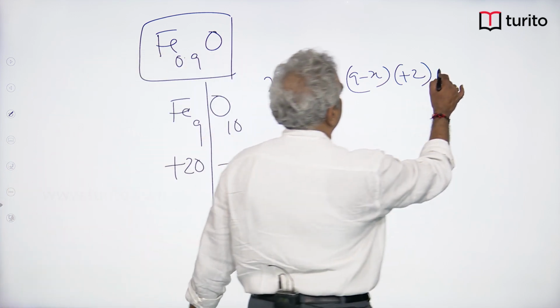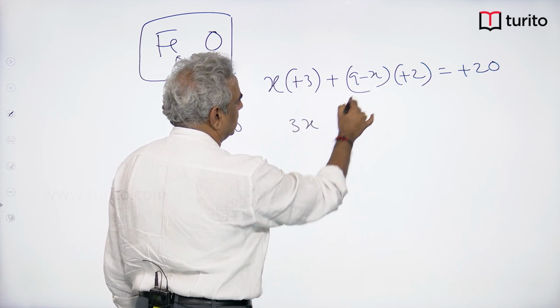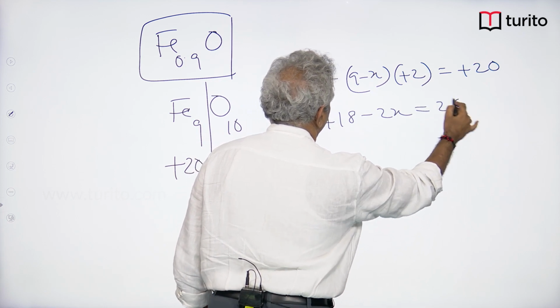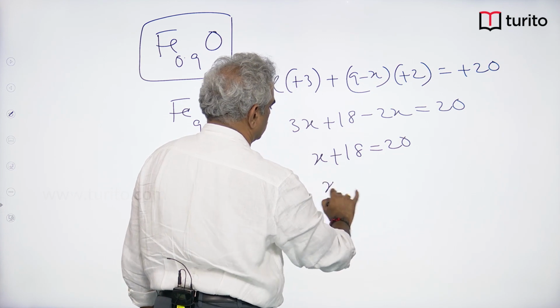So, this is going to give me 3x plus 18 minus 2x is 20. So, x plus 18 is 20, x is equal to 2.